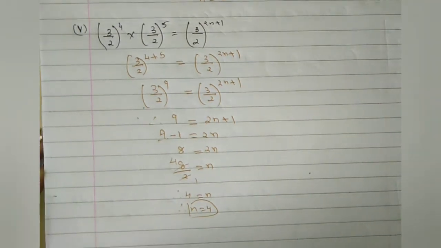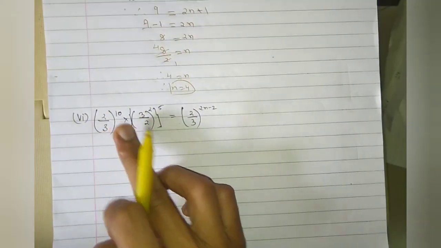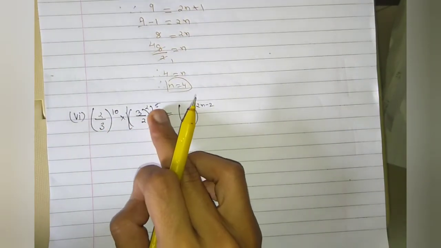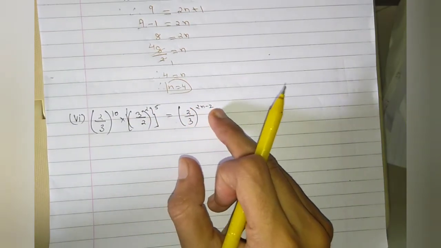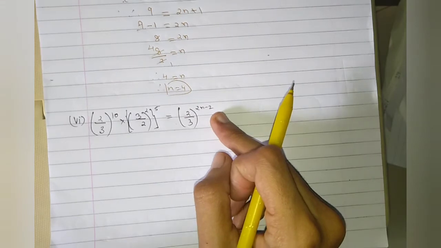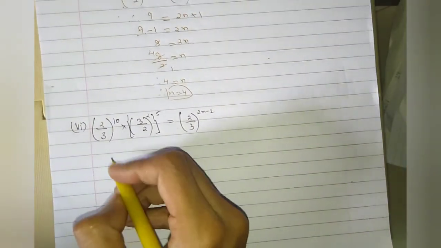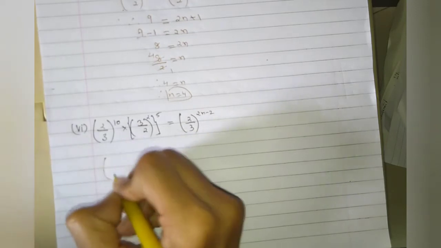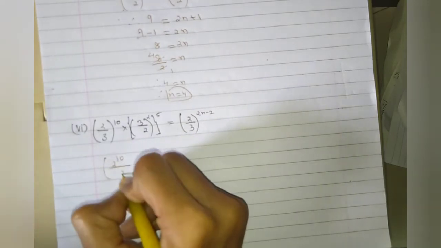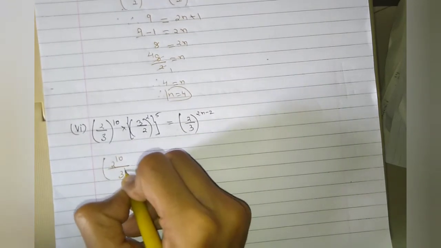Now sixth one. Now see the question. 2 by 3 raised to 10 into 3 by 2 raised to 5 equal to 2 by 3 raised to 2n minus 2. Now what we have to do, first we'll multiply this. Okay, so 2 raised to 10 upon 3 raised to 10.